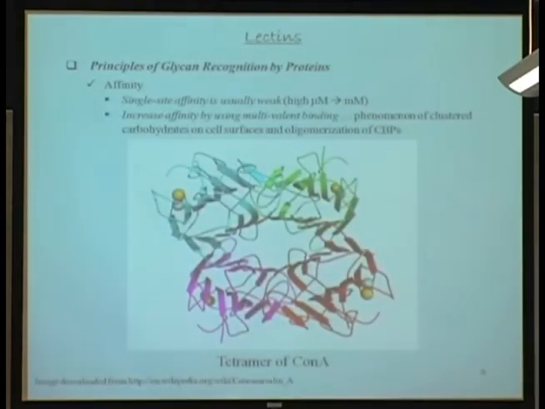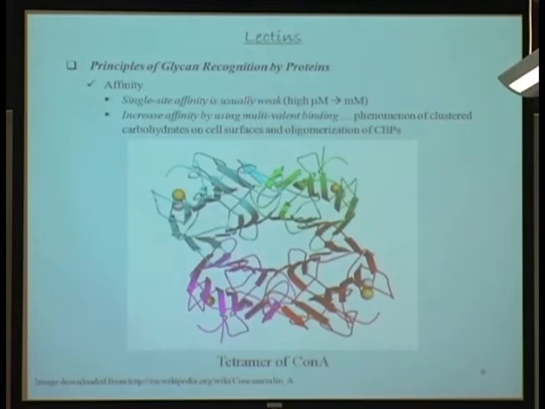All right. So now let's just talk about a few principles of neutral sugar recognition, okay, by proteins, by lectins for the most part. And I'm giving you general principles, very general principles. If you really look at a monosaccharide binding to a lectin, it's usually weak, very weak, sometimes high micromolar to millimolar.